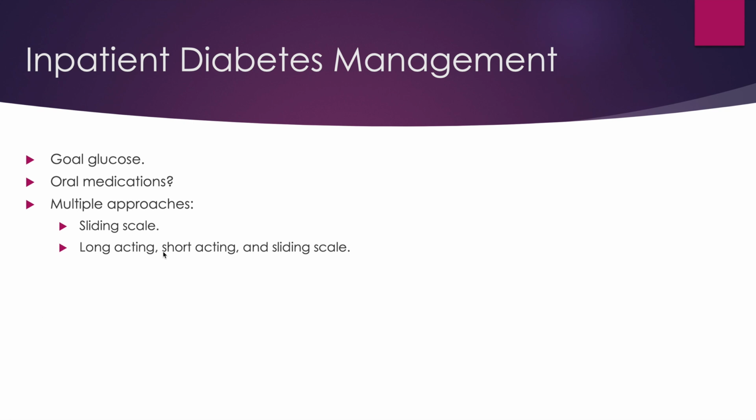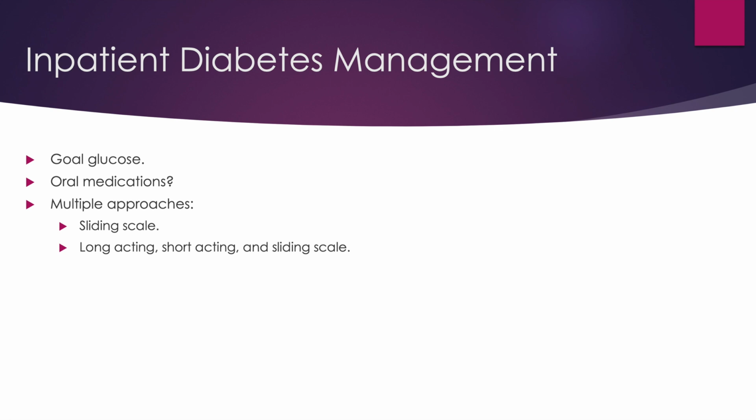The short acting insulin you give with meals, and the purpose of the short acting insulin is to prevent the spike in blood glucose that diabetics get after eating food. So this short acting insulin the nurse would not give unless the patient has eaten 50 or 75% of the meal. Again, it depends on the nursing policy at the hospital.